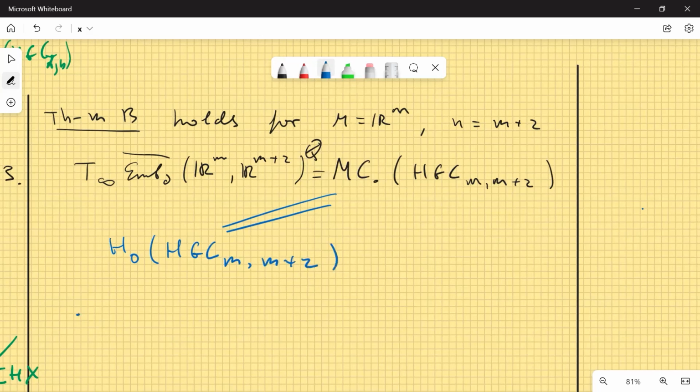And so for M equals 1, this space is exactly the space of unitrivalent graphs modulo the IHX relation. So this is the Bar-Natan space, the space of unitrivalent graphs.